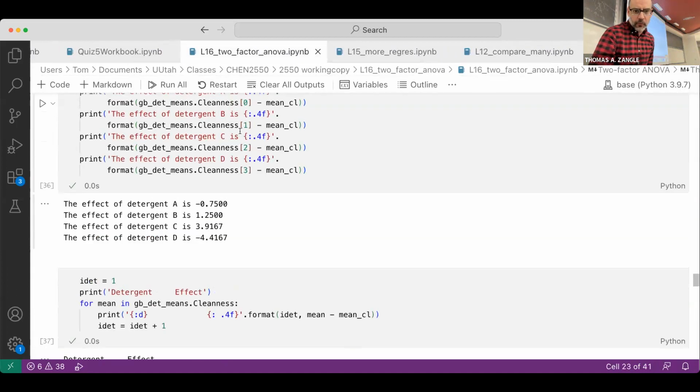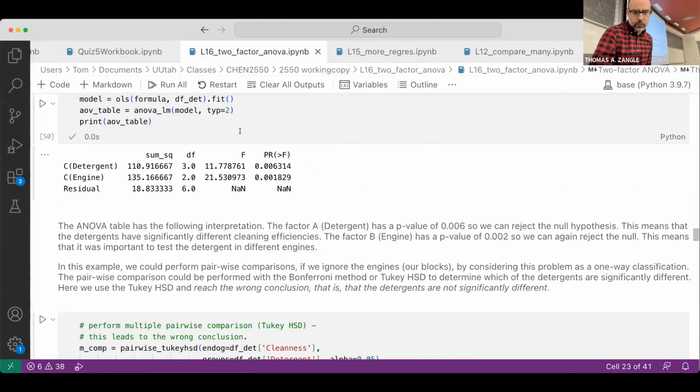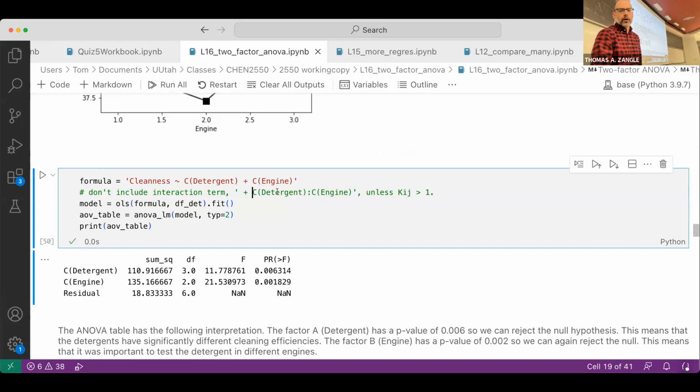When we're formulating the model for K_ij equal to 1, we didn't have the interaction term. And we said that's because in 2-factor ANOVA with 1 replicate per condition, we do not have the ability to distinguish any interaction terms. But when we had K_ij greater than 1, then we would want to include this extra term. Okay, does that make sense?